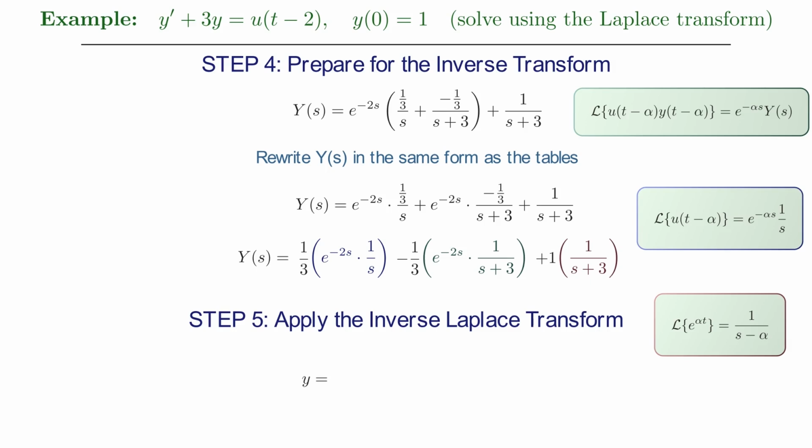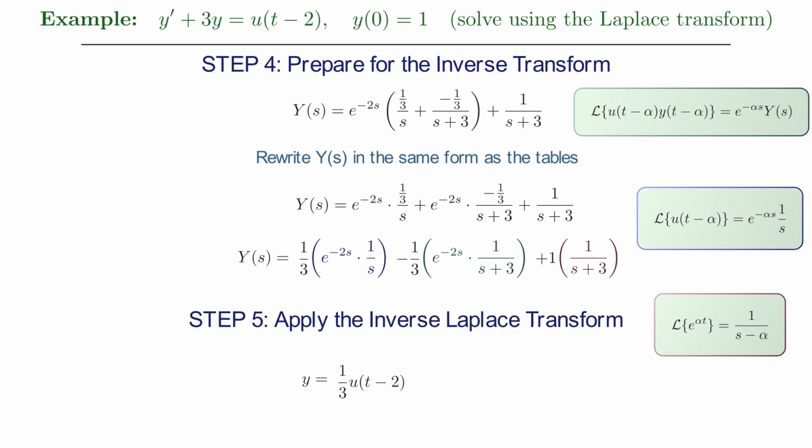So the e to the minus 2s gives us u of t minus 2. And then we multiply by the inverse Laplace transform of 1 over s, which is 1. For the second term, we have minus a third. So again, the e to the minus 2s means we've got the unit step function of t minus 2.